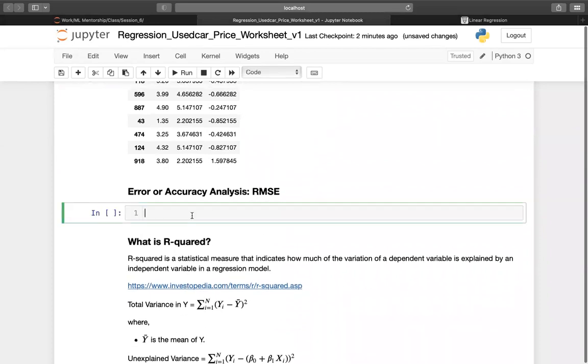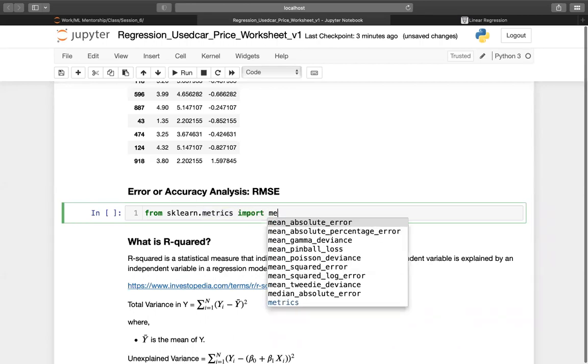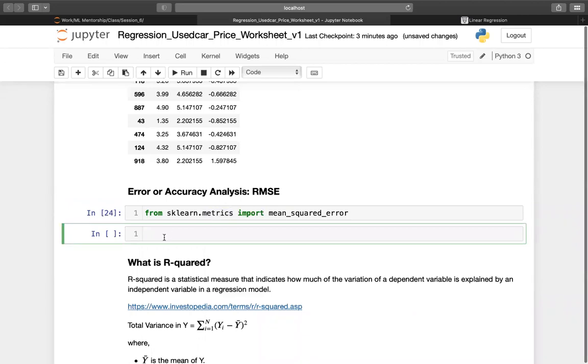To calculate MSE, again from sklearn dot metrics. So sklearn also has a module called what? Metrics. This is part of model selection. Import mean squared error. There are many different possible errors that you can calculate, but in this case we are only interested in mean squared error.